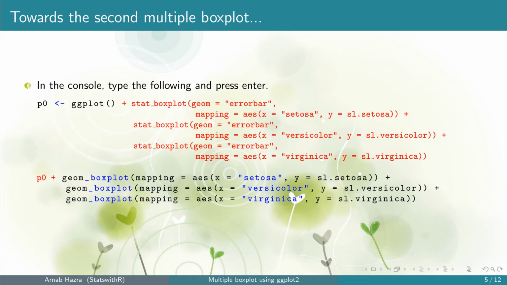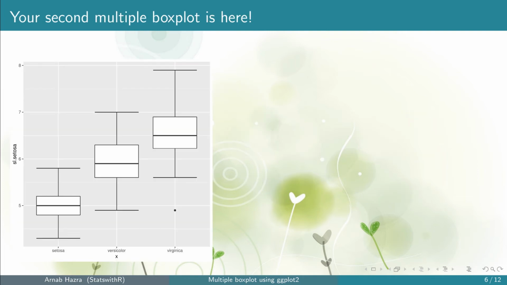If we add the function stat_boxplot after geom_boxplot, a vertical line would pass through the box, which we don't want. You can try by yourself to check. Now press enter. Okay, you get your second multiple box plot. You can see that the error bars are added to each box plot.